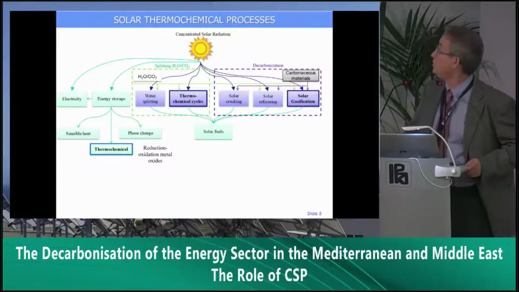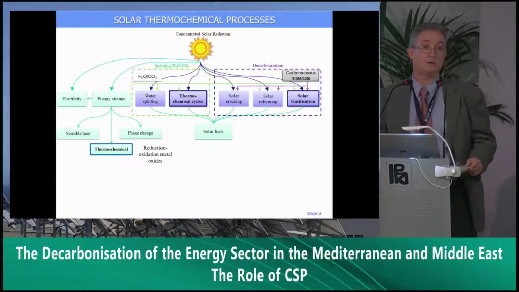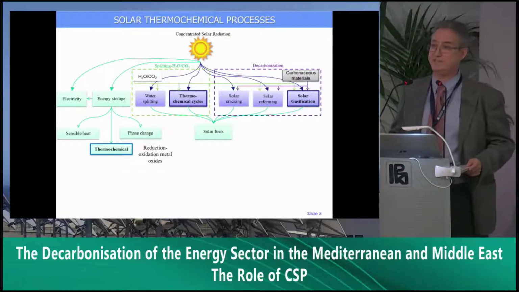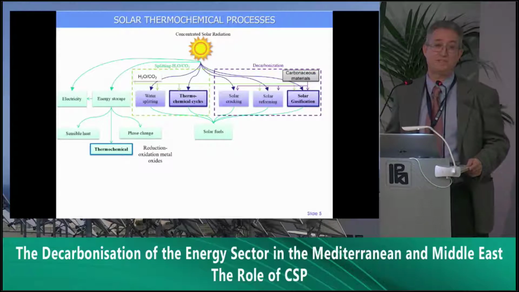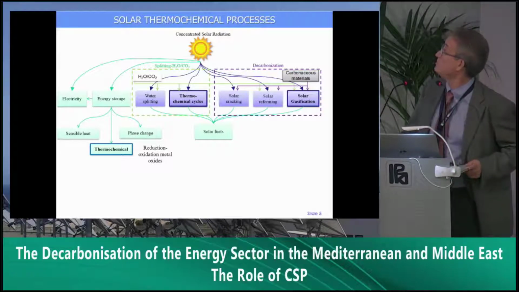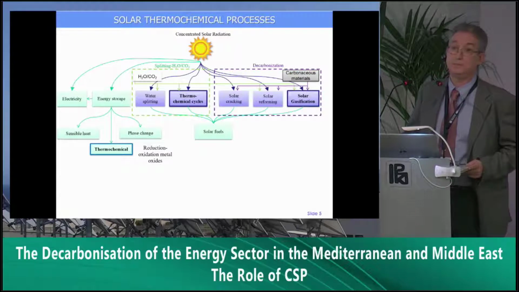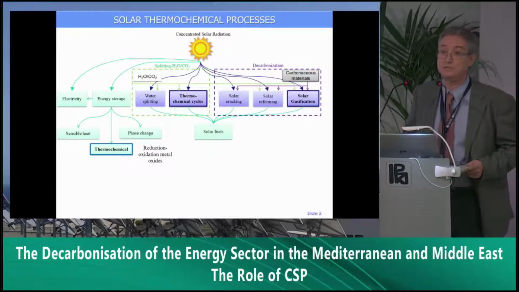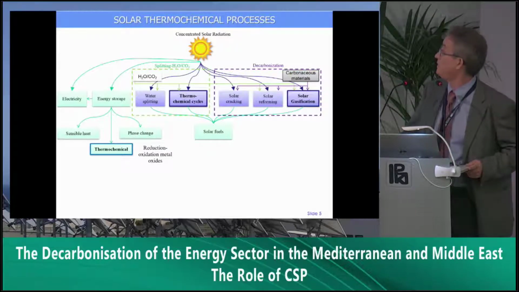Well, I suppose most of you are familiar with this diagram because it's commonly used in, I think, 100% of the presentations on solar fuels. It's trying to summarize the different routes that you may establish to produce interesting products with solar concentration, either for storage of energy or for production of solar fuels.